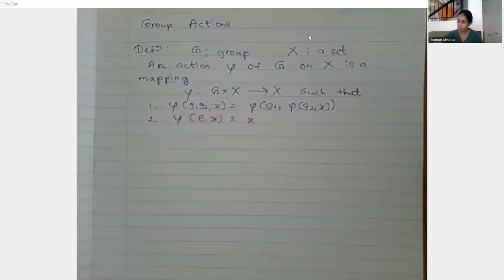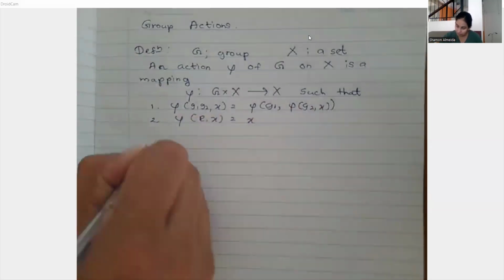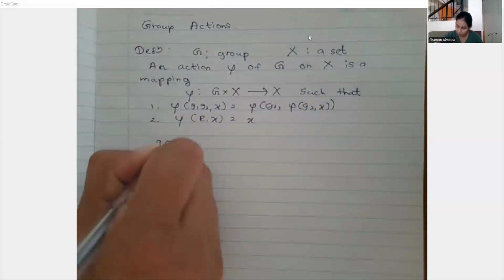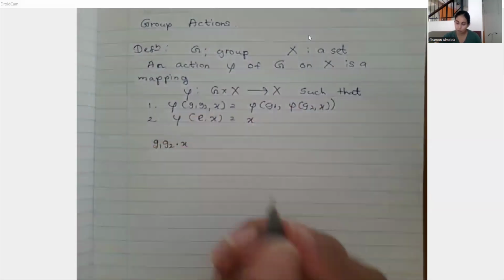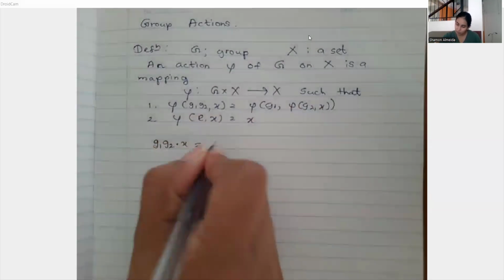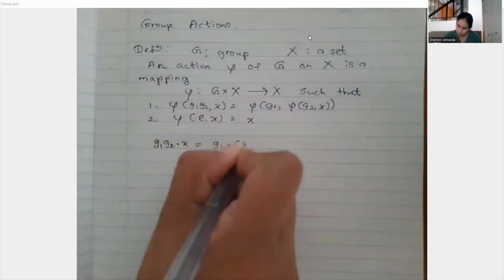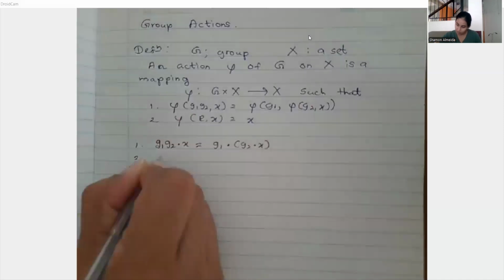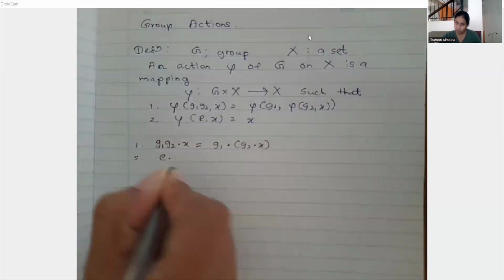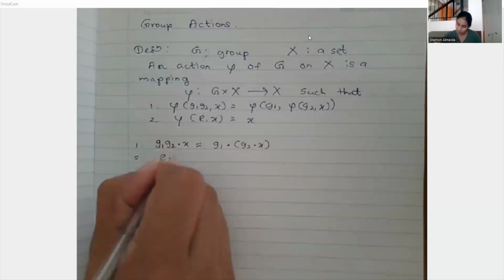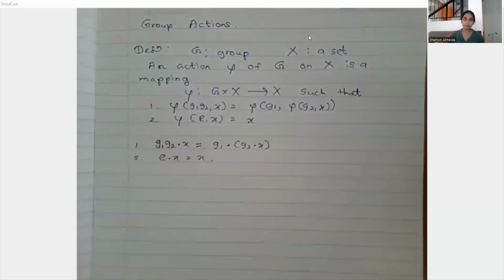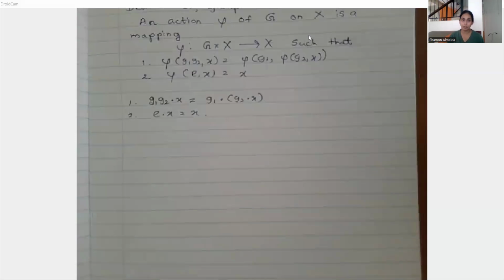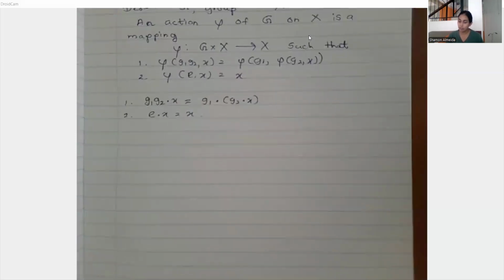Instead of writing these two, we write G1, G2 dot X, referring to the group action, is equal to G1 dot G2 dot X. This would be the first one. Then we have the identity in the group, E dot X, simply equal to X. This is how we define the group action, the way the group G acts on a set X.